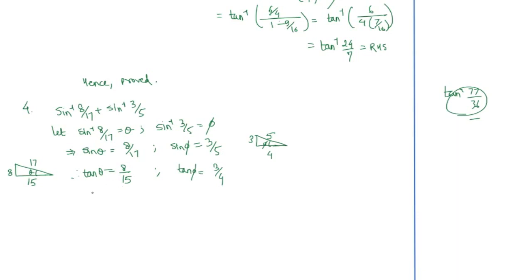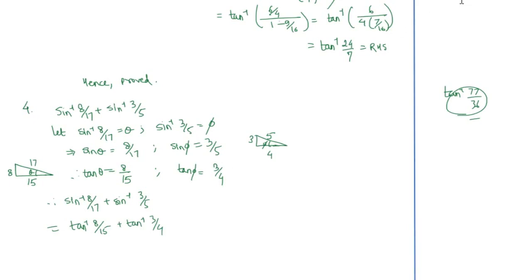So simply you are going to replace theta by tan inverse 8 by 15, and phi, which is sine inverse 3 by 5, by tan inverse 3 by 4. Okay, so therefore sine inverse 8 by 17 plus sine inverse 3 by 5 is equal to tan inverse 8 by 15 plus tan inverse 3 by 4.